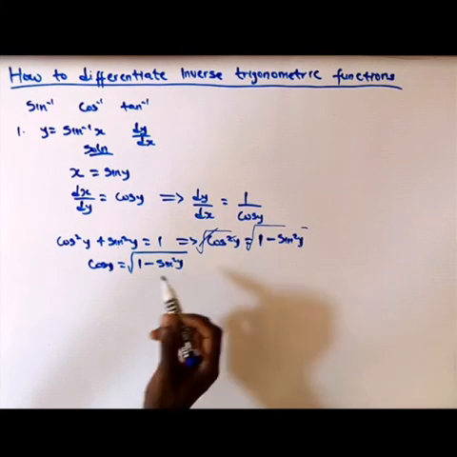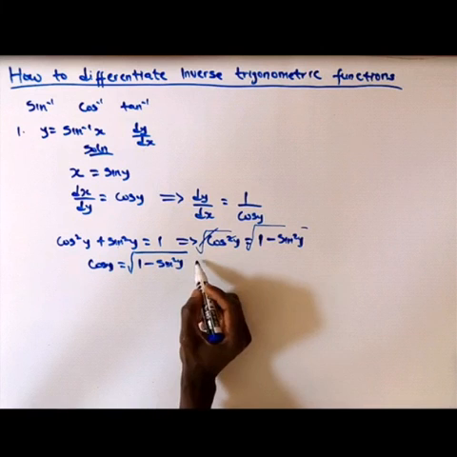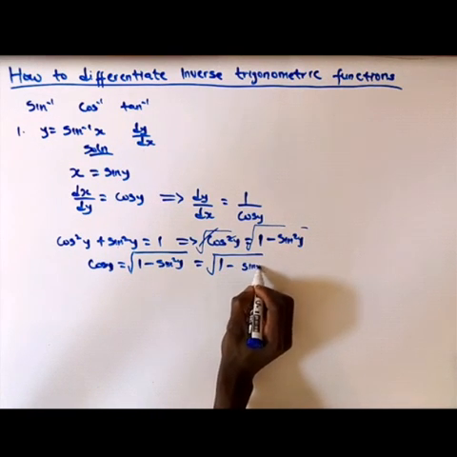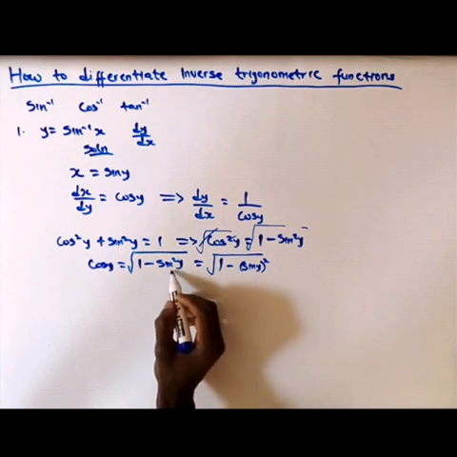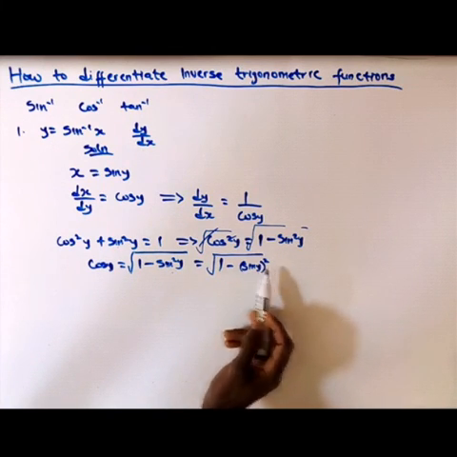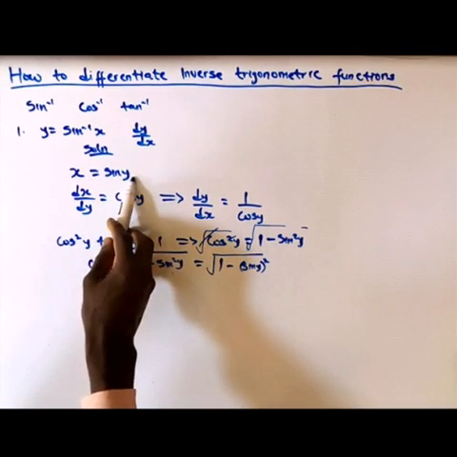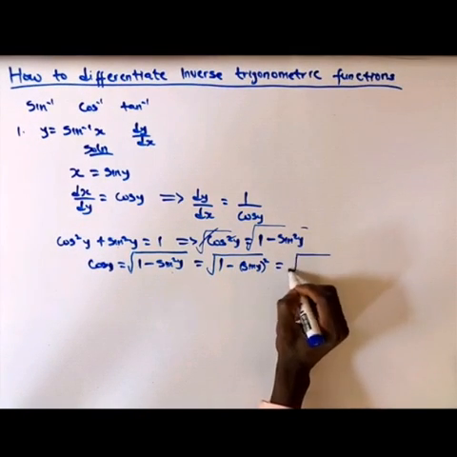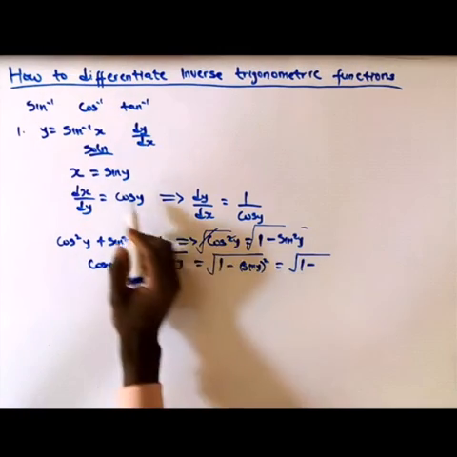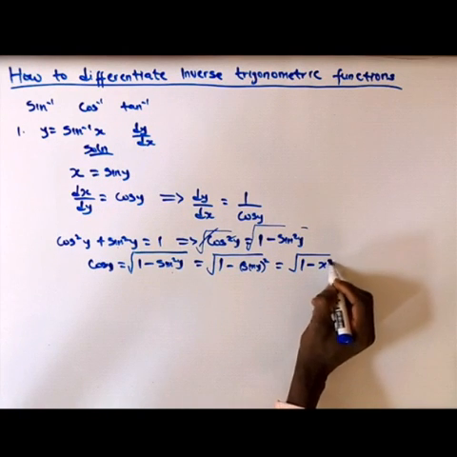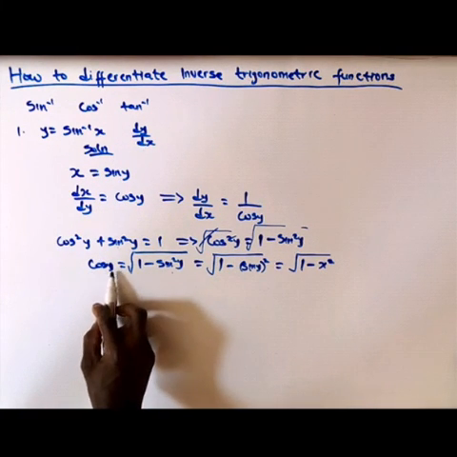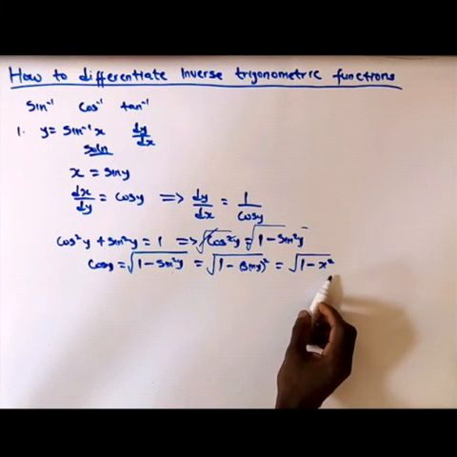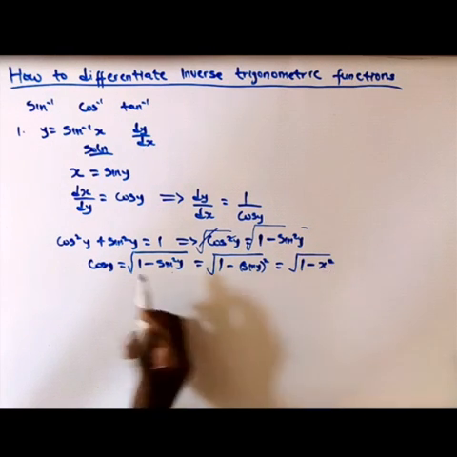But from here, you know this can be written as the square root of 1 minus sine y all squared. It's the same thing. But we know that from here we said s is equal to sine y. So representing this now with s, this can be written as the square root of 1 minus s squared. So we are saying our cos y can be written as the square root of 1 minus s squared. That is writing it in terms of what? Of s.